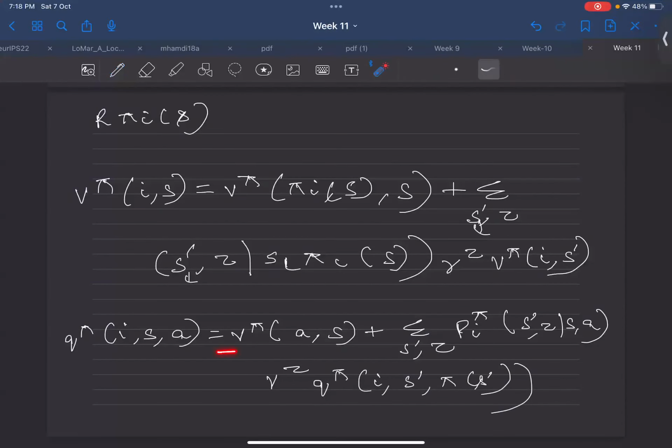First of all, what is this? It is the value of state S and subtask A. Yes, that is the immediate reward of the subtask.